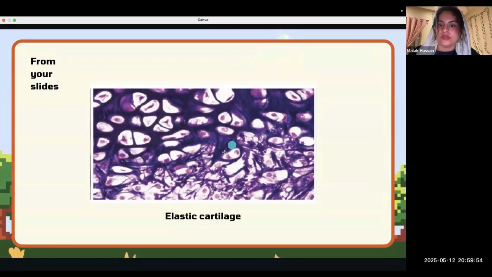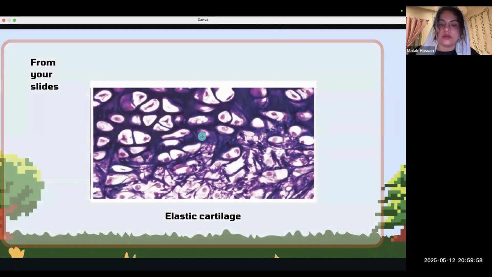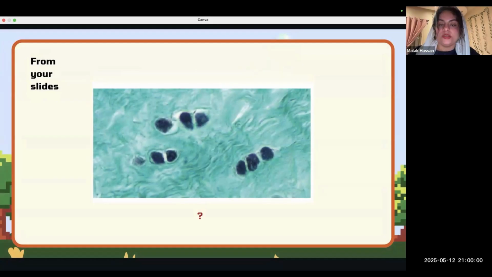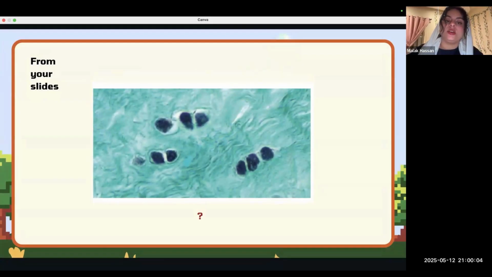You can see the elastic fibers. They're dark staining and they're irregularly placed throughout. What about this? This one's pretty easy. This is fibrocartilage, right? Giveaway is the stain, but it's because you can see dense connective tissue as well as the cells that are lined kind of in rows.